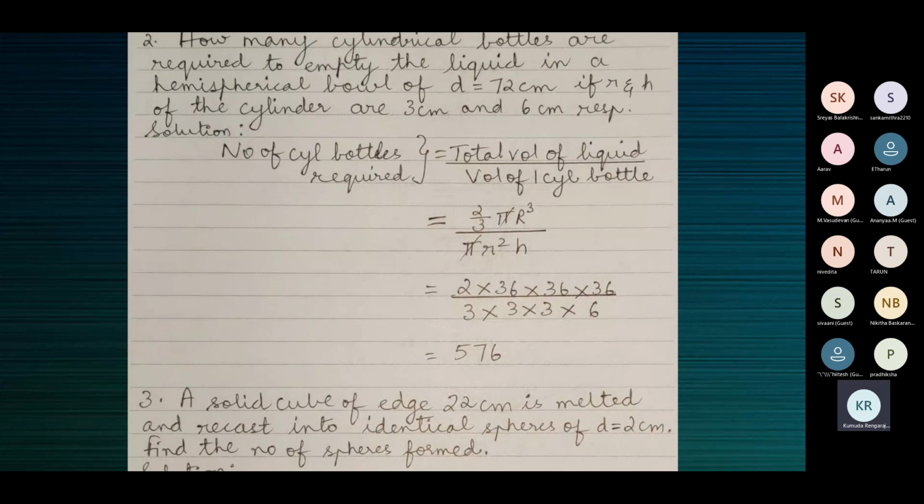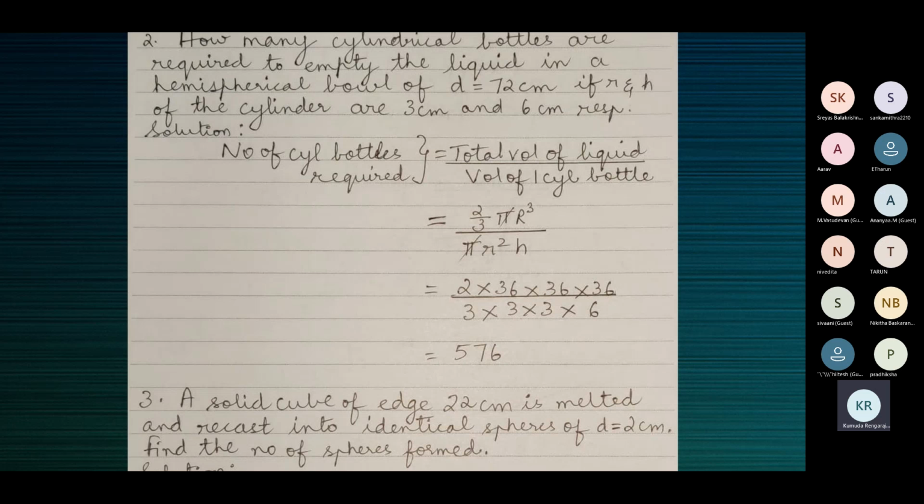How many cylindrical bottles are required to empty the liquid in a hemispherical bowl? There is some liquid in a hemispherical bowl.